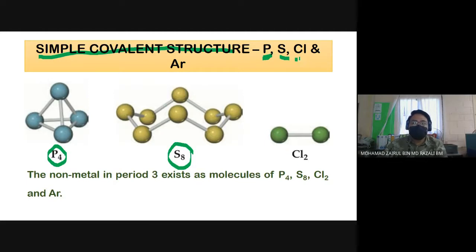Okay. Halogen must exist in a diatomic. Okay, halogen mesti diatomic. Group 18 dia mesti monoatomic. Okay, so kalau awak compare kan P4, S8, Cl2 dengan Ar, yang mana yang ada highest molecular mass?